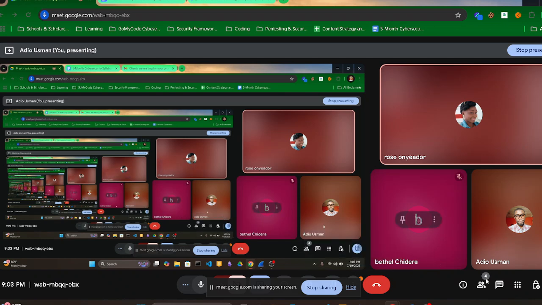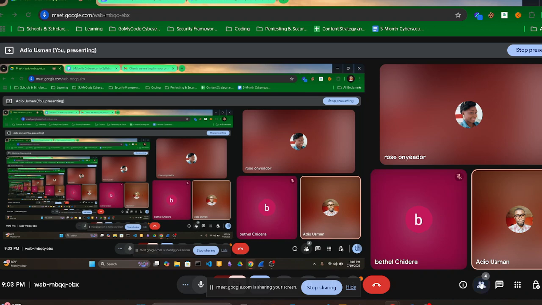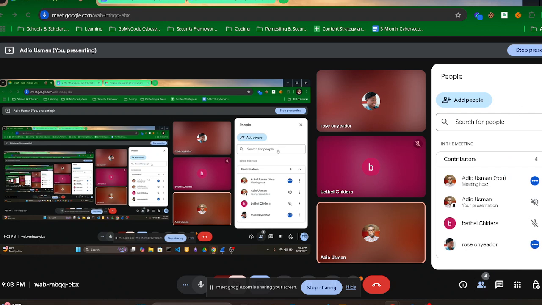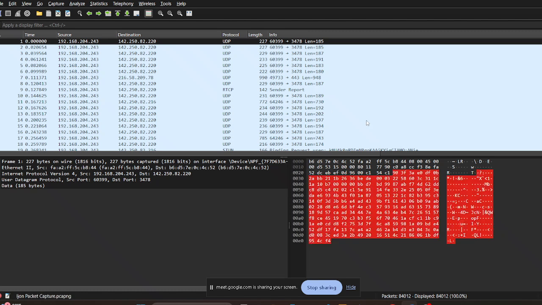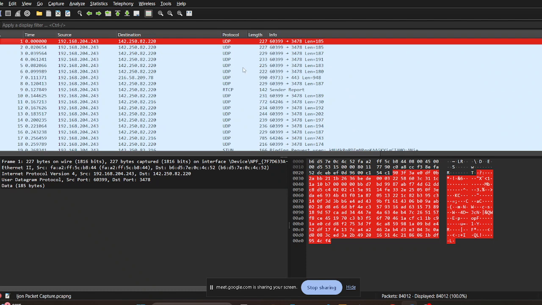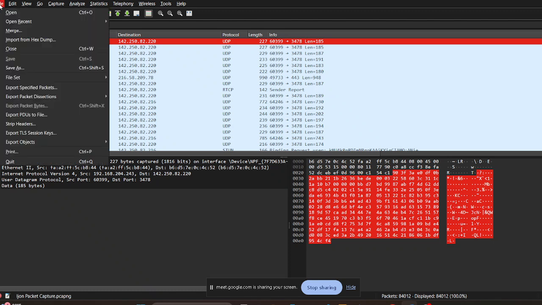Okay, so this is the whole packet. If you want to load yours, you can just go to file, open, and then go to the folder where the download is saved.